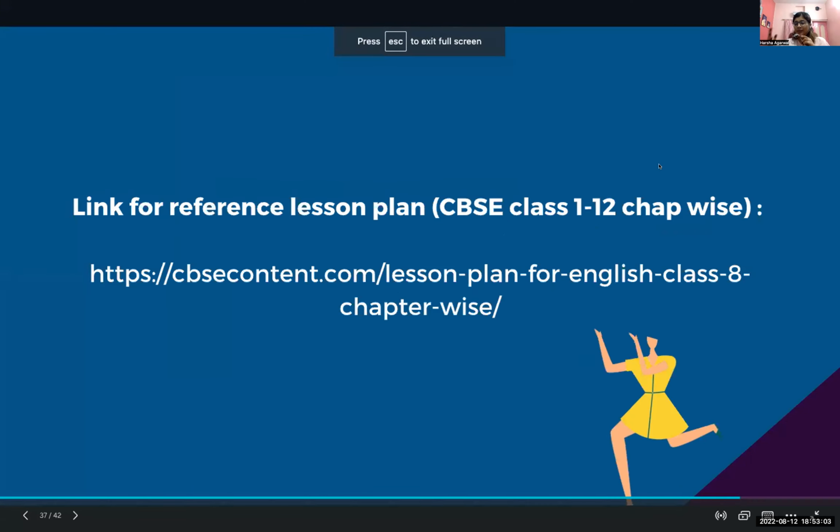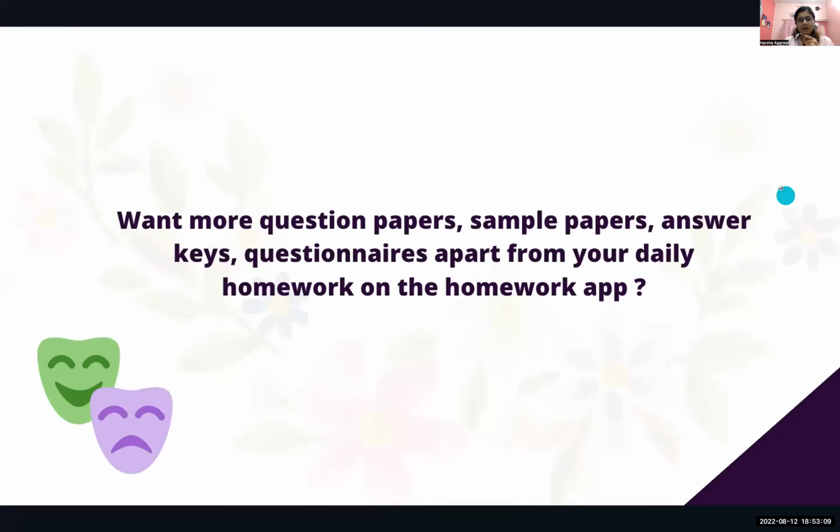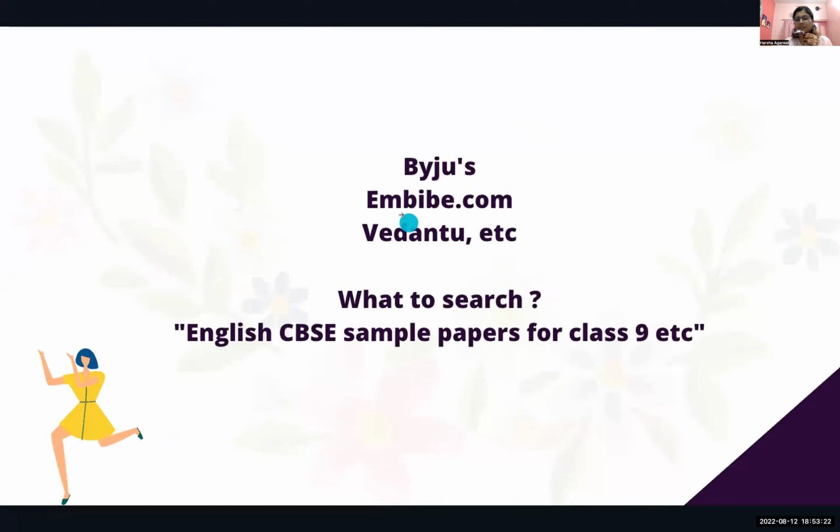Now, so many links and so much content you have gathered right now, right? So many things to gather, so much to see. But you want more question papers, sample papers, answer keys, questionnaires apart from your daily homework, which you maybe give on the homework app, right? And how you can do that is basically using Byju's, imbibe.com which I just showed you, Vedantu, free may.